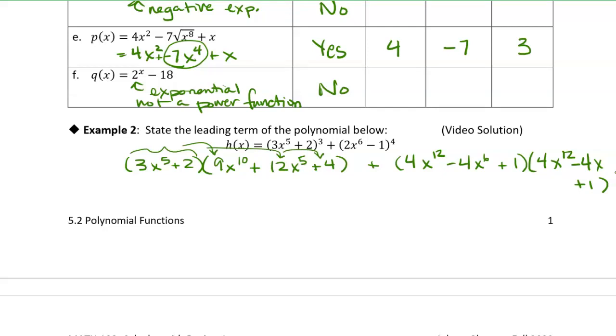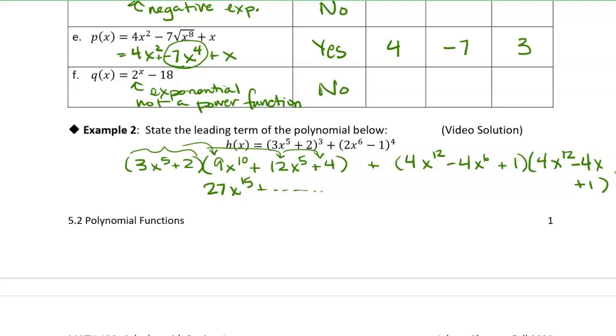But all I really care about is the leading term, so I don't really want to do all of that. I'm just going to multiply the two terms with the highest powers of x. So if I take 3x to the 5th times 9x to the 10th, I end up with 27x to the 15th, plus a bunch of other stuff, which I don't care about. I only care about the highest. I'm just trying to find the leading term.